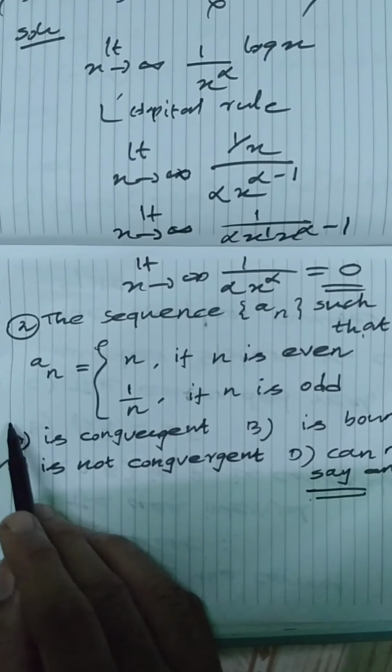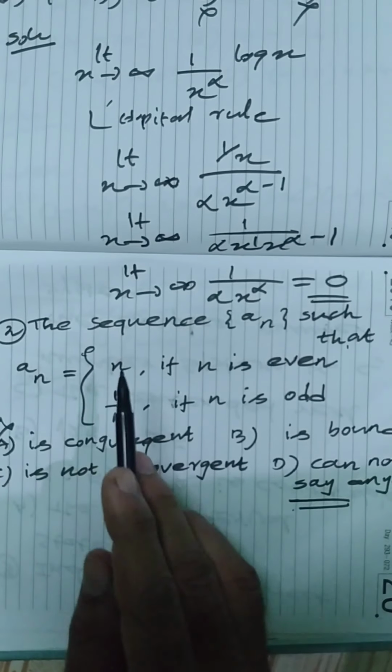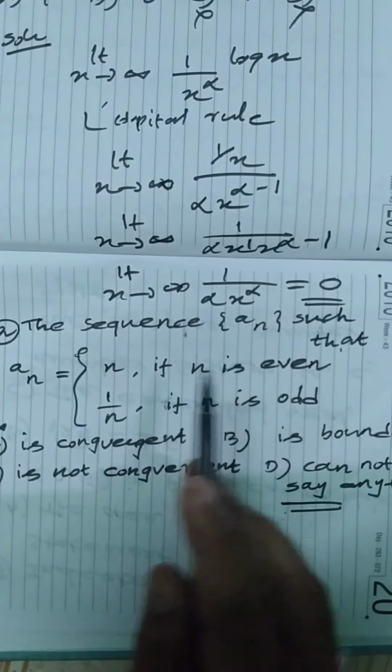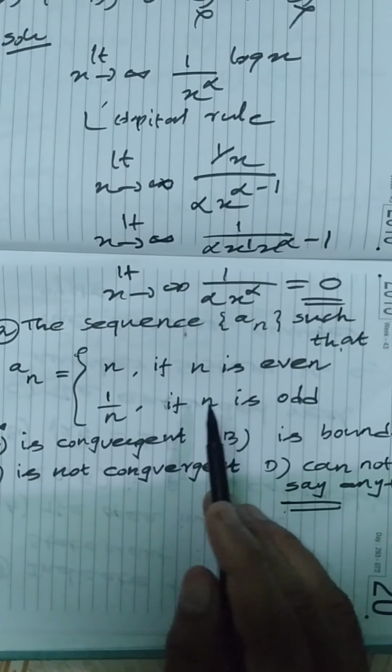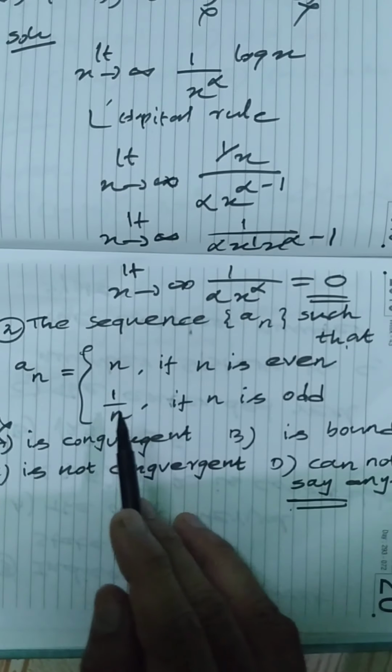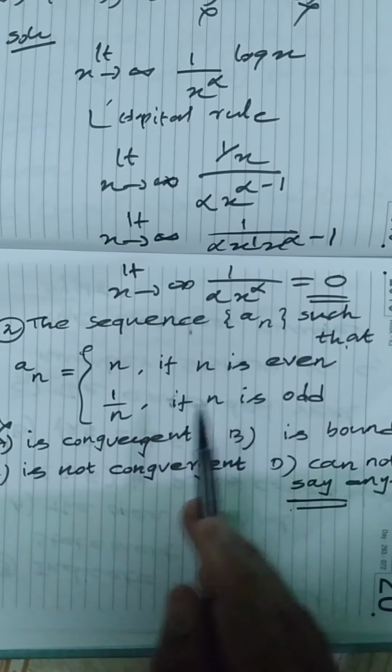This option is wrong, because when n is even, 2, 4, 6 and so on, it goes to infinity, it is a divergent one. When n is odd, that is 1 by 1, 1 by 3, 1 by 5, it goes to 0.